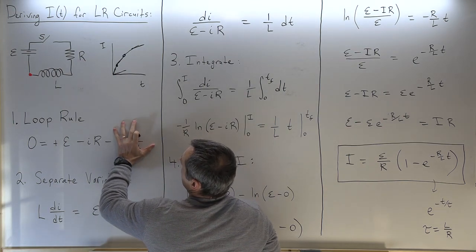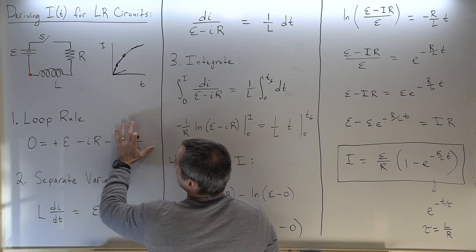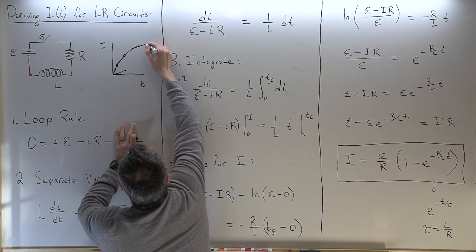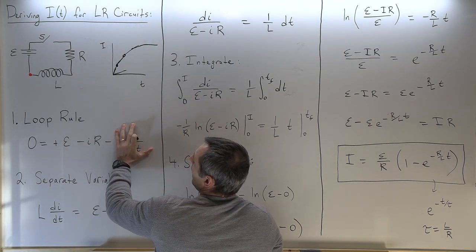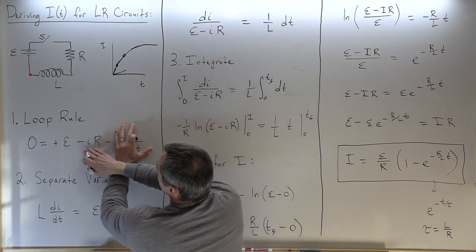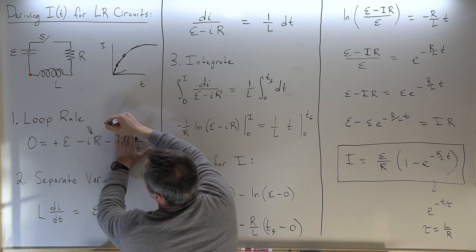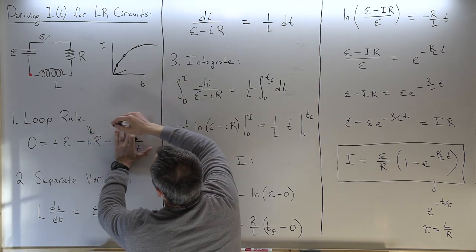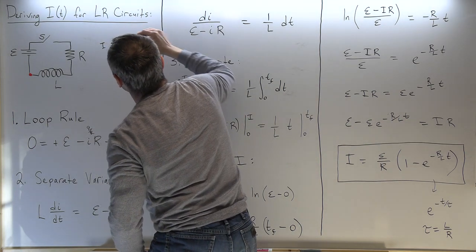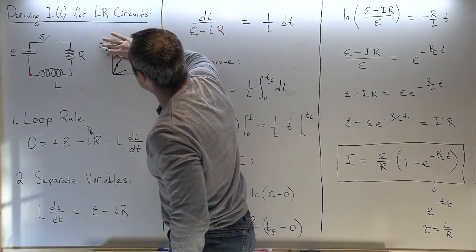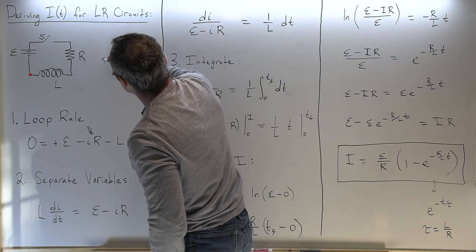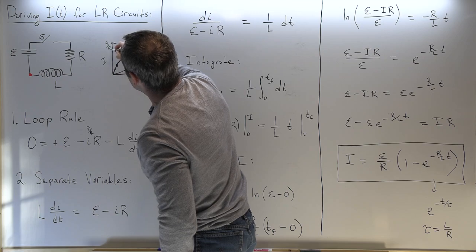And then this term vanishes. In other words, the slope is 0. And I must be V over R. So when you multiply by R, you have V minus V. So not only do we know the shape of our graph, we also know its final peak value.